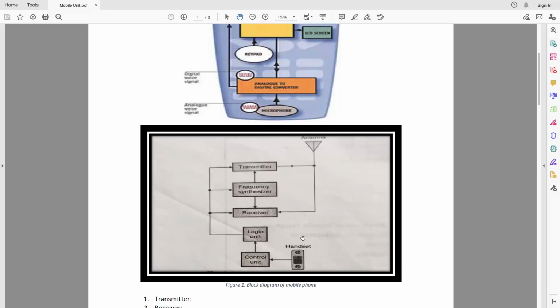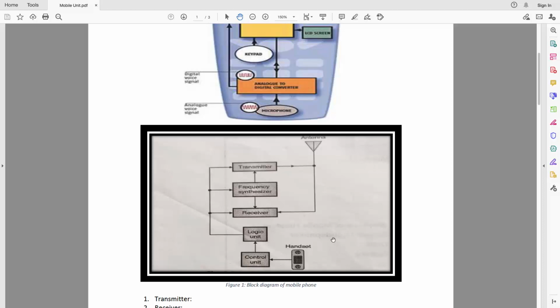So here one block remains to explain, that is the power unit. So what is the function of the power unit? The power unit is responsible for applying power to all the particular units, meaning the battery compartment. A mobile handset is mainly operated with the help of batteries.